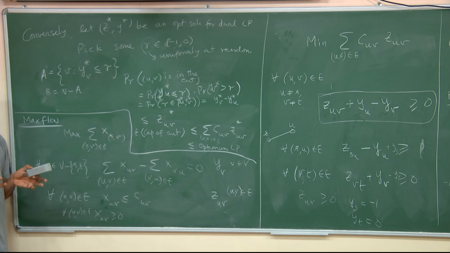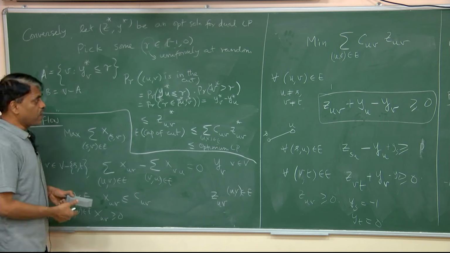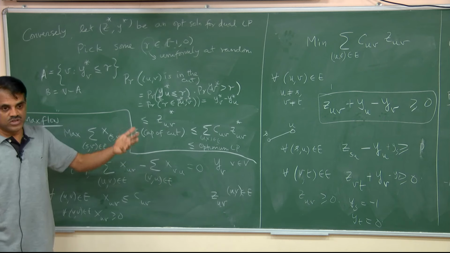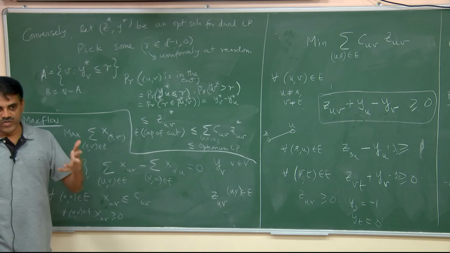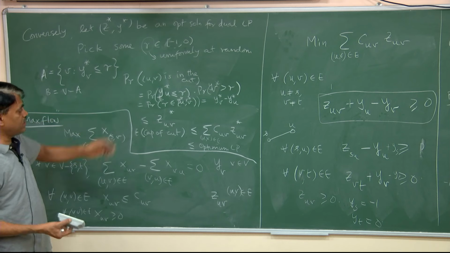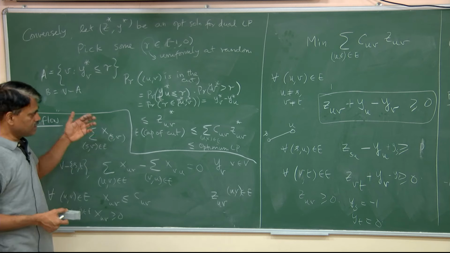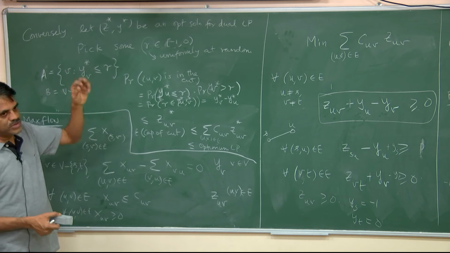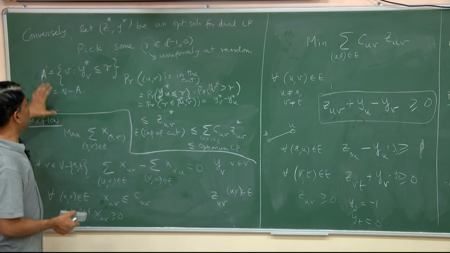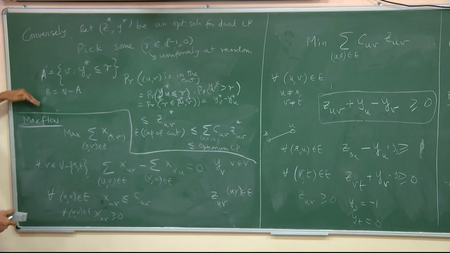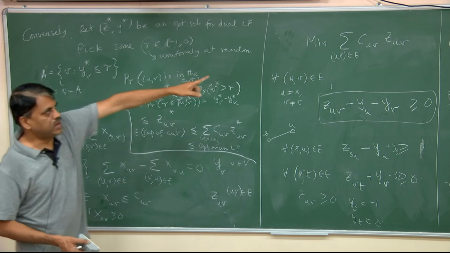There are a lot of very nice algorithms using this simple idea that if my average over a distribution is something, then there must be some element whose value is at most that much. So there must be some R for which the cut value is at most this much. That's what I want to show. I wanted to show you that there exists an ST cut. From here, it implies that there exists an R, and the expectation goes away. If you say there exists an R, the randomness goes away. There exists an R such that this cut capacity would be at most that.